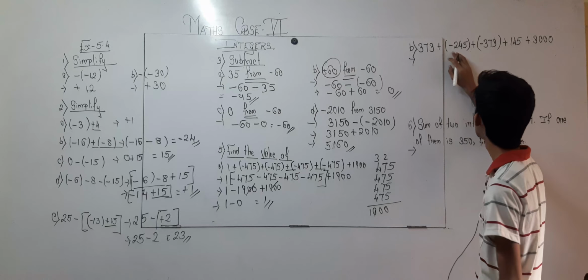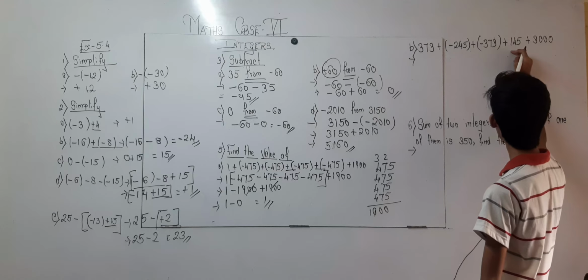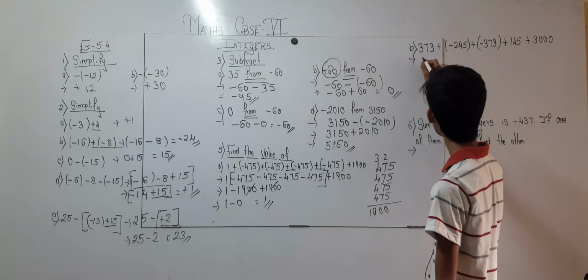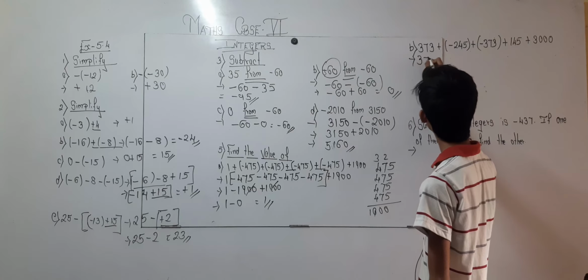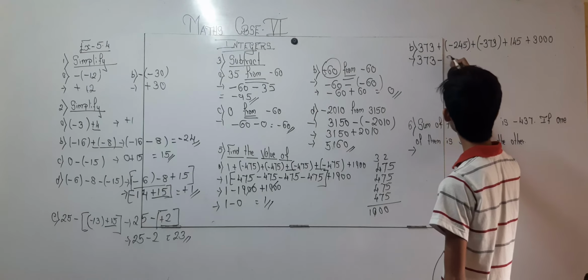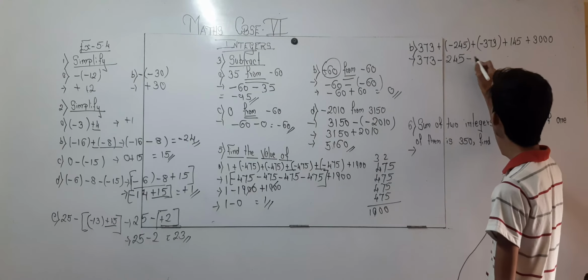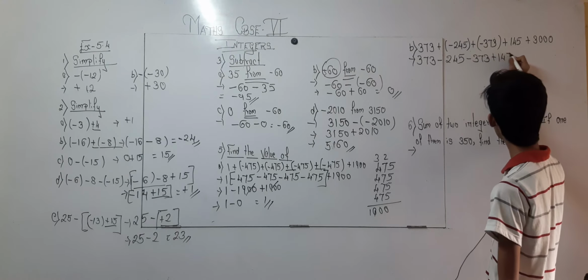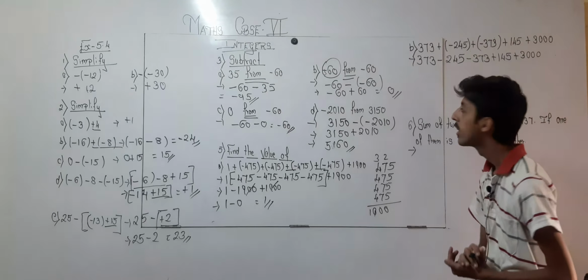373 plus minus of 245 plus of minus of 373 plus 145 plus 3000. Now how to do it? 373 plus of minus, so I will do it as 373 minus 245 plus minus again minus 373 plus 145 plus 3000.